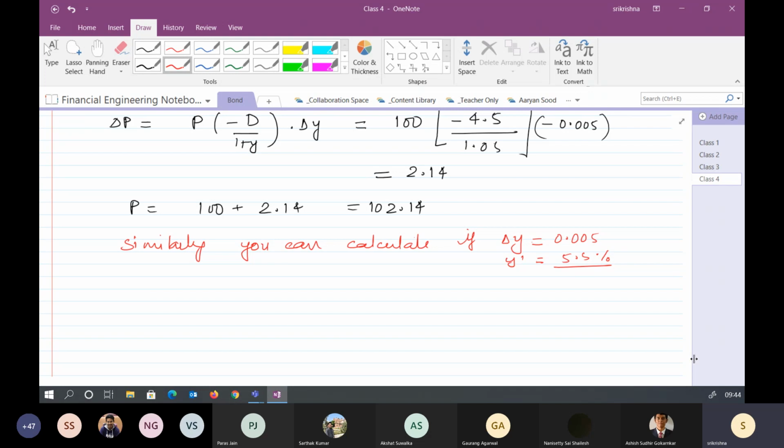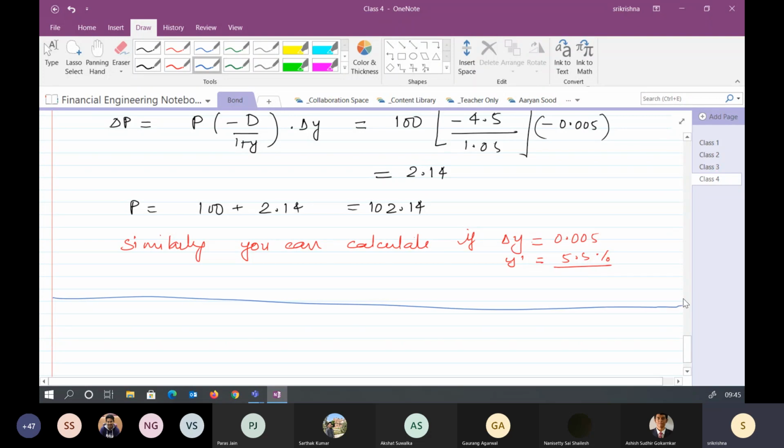So this is all about duration. I hope you have understood the duration. Yes or no? Yes, sir. Please raise your hand if you have understood the duration. So for duration, I'm keeping it here. There are two things we'll try to see.